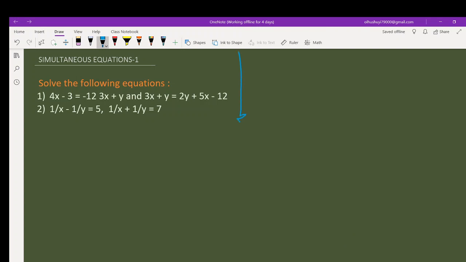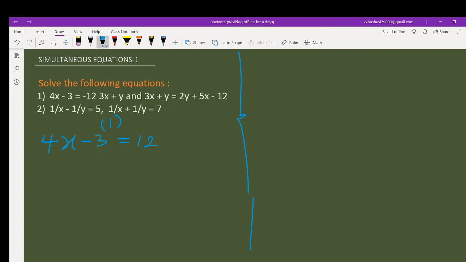Sharing this into two. Solution 1, you can have 4x minus 3 is equal to 12. Apology. Let me check my question again. 4x minus 3 is equal to 3x plus 2 plus y.